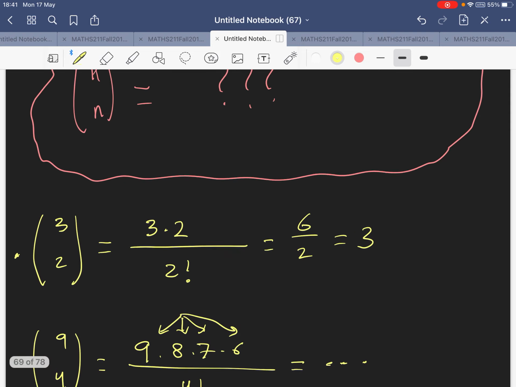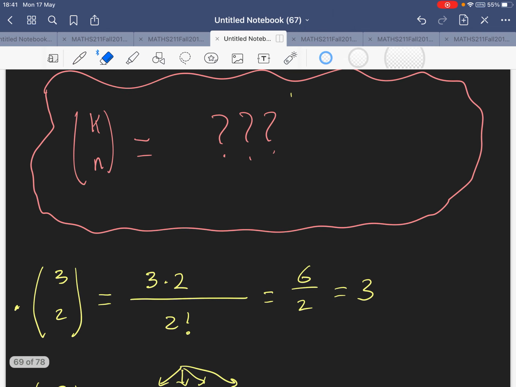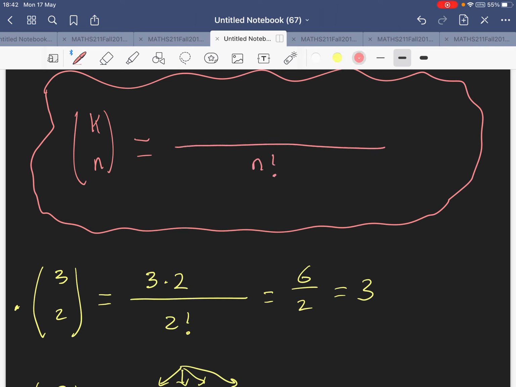Simple and easy. In general, what we have here is the following. In the denominator, we have n factorial. In the numerator, we start with k, and then k minus 1, k minus 2, k minus 3, and so on. How many brackets do we have on top? It should be the same as n.